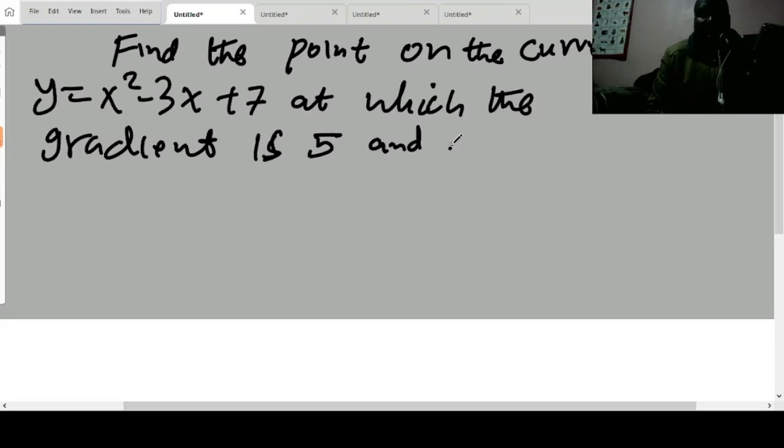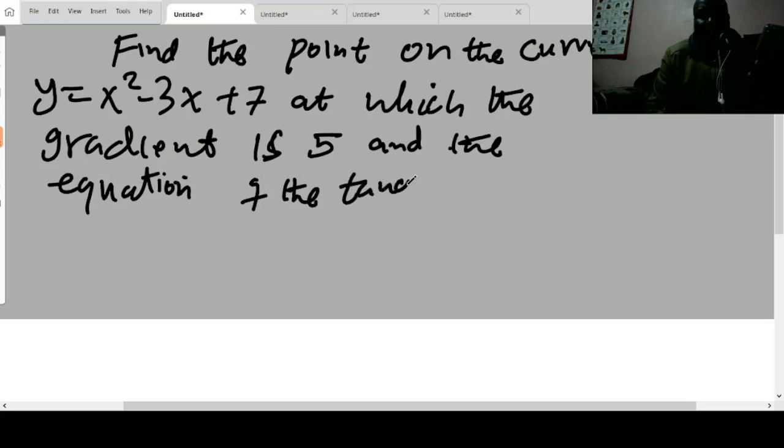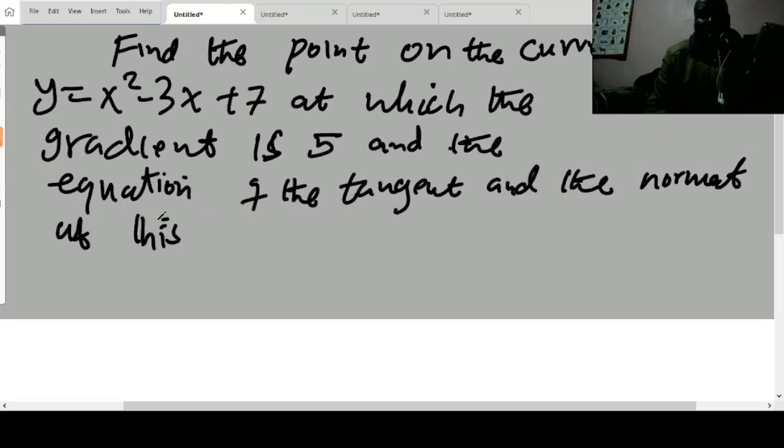So we have to find the equation of the tangent and the normal at this point.